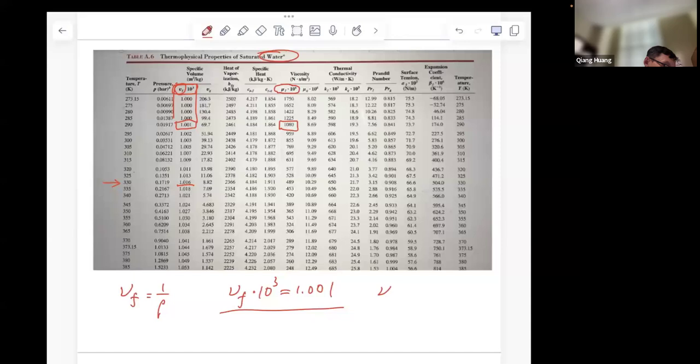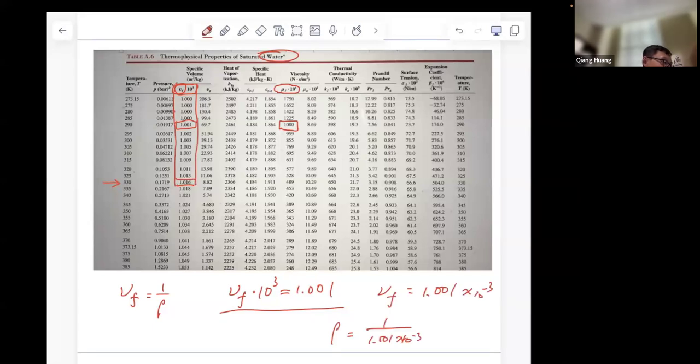In other words, the specific volume of the fluid is this. And therefore the density is 1 over the specific volume, right? Of course, I'm wrong here because I'm not using the 330. So 330 is this guy.